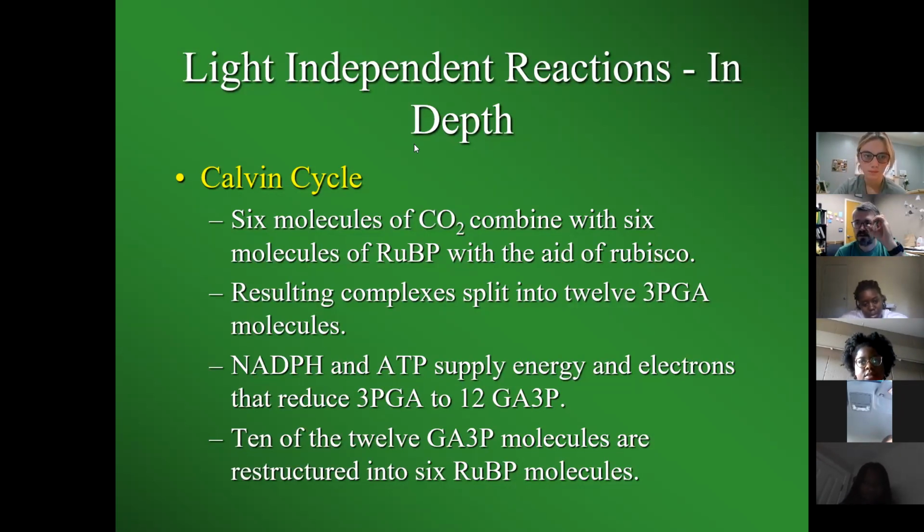Loss of electrons. Loss of electrons, LEO, is oxidation. So what is the GER? G, gain of electrons. What's the R stand for? Reduction. So now do we see how reducing goes from 3 to 12?